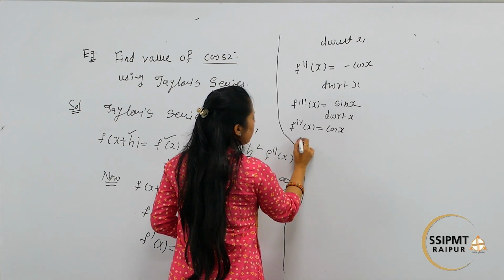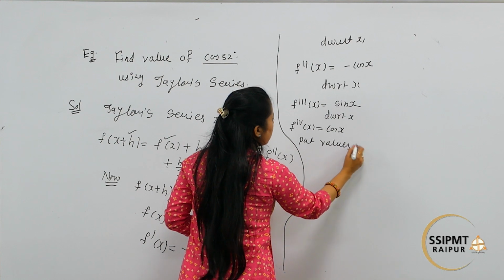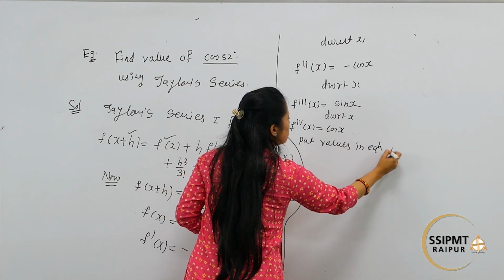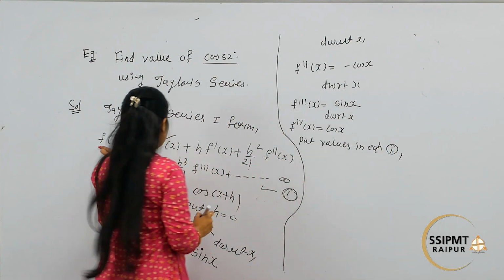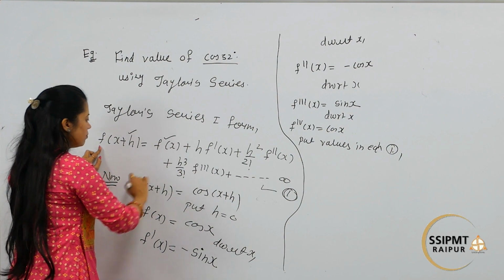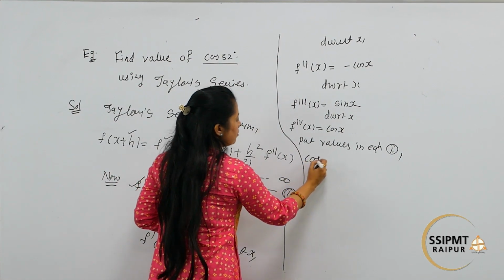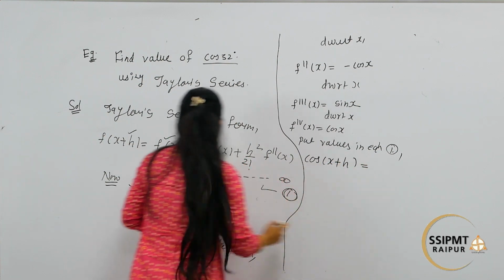Now put all the values in the formula of Taylor's first form, which is in equation 1. So our f of x plus h was cos x plus h. So put f of x plus h as cos x plus h.